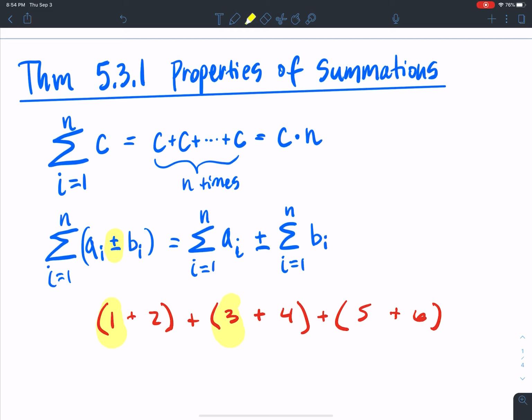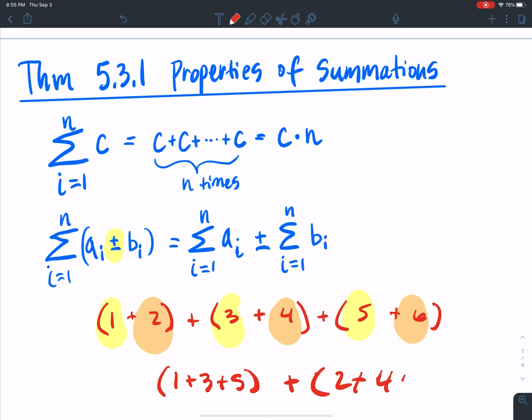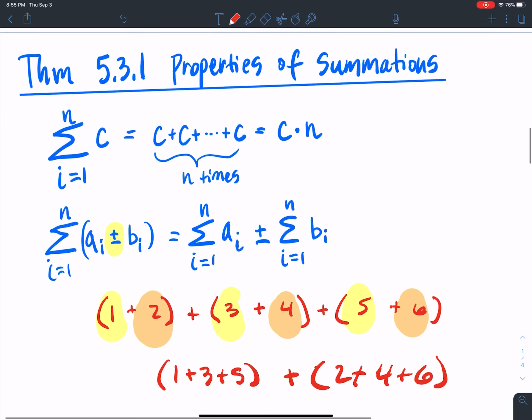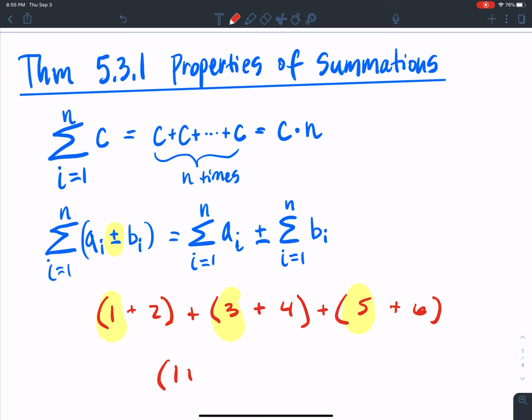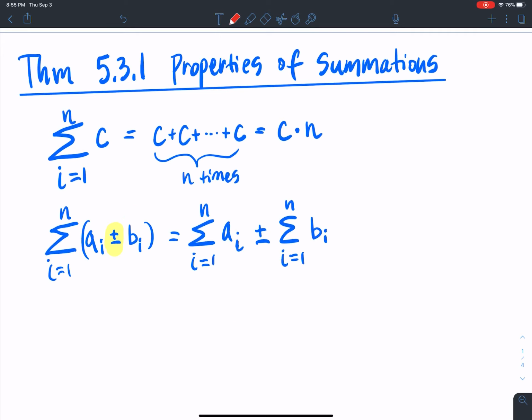I can group all these together as one sum, 1 plus 3 plus 5, and then I can add to that the others, 2 plus 4 plus 6. So this is a sum, and this is a sum, and it's split up by that plus sign there, okay? So we can group them together by separating the a_i's and the b_i's with the plus or minus, okay?